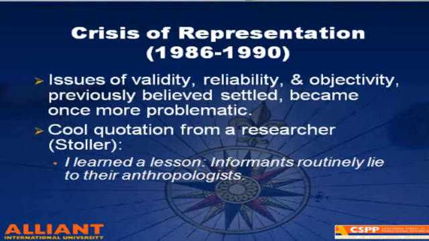One cool quotation from a researcher is, "I learned a lesson, informants routinely lie to their anthropologists." So for an anthropology qualitative researcher, you have to realize that the information you're getting from your participant may not be the truth, the whole truth, nothing but the truth, if you're trying to get an objective reality from that person. So that's why it's like, well, what is truth and what is reality?